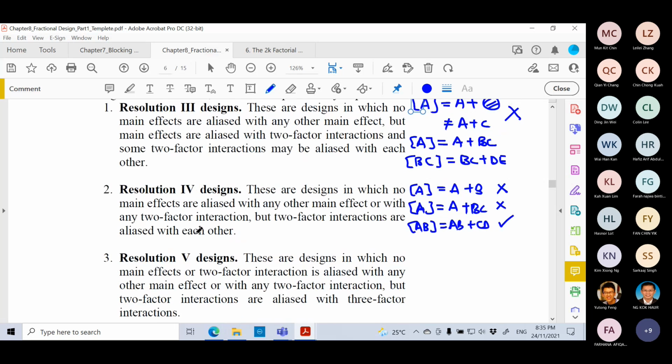So the higher the resolution, the better, in the sense that you can give up certain higher order interactions.